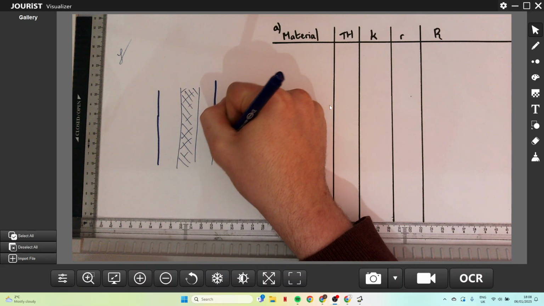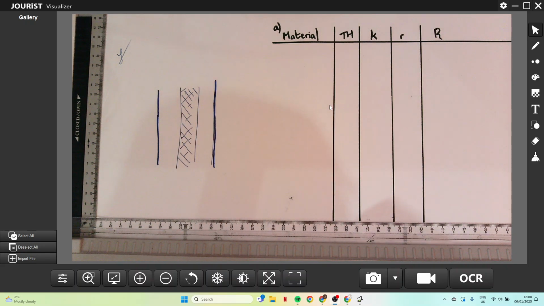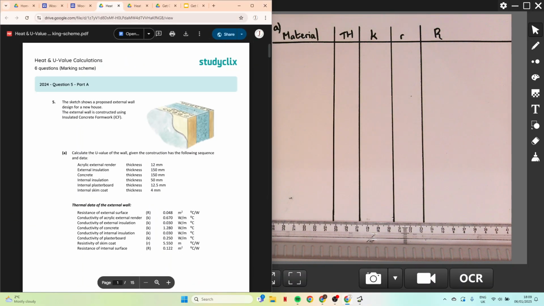Believe it or not, that thin layer of air sitting on top of my blockwork provides a tiny bit of insulation to my building. And that tiny bit of insulation also has to be covered and accounted for. That's where that resistance of external surface comes into play.